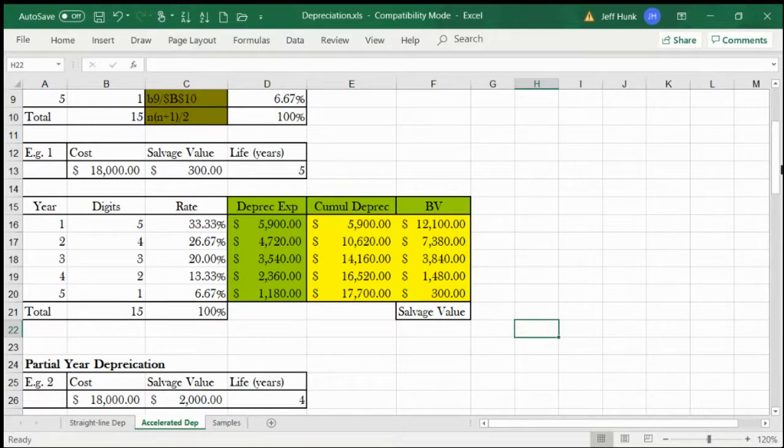We're almost out of time, so we cannot do the example of the partial year depreciation today. But just to give you an idea, making this adjustment is more tedious.